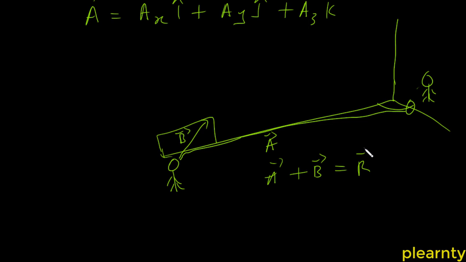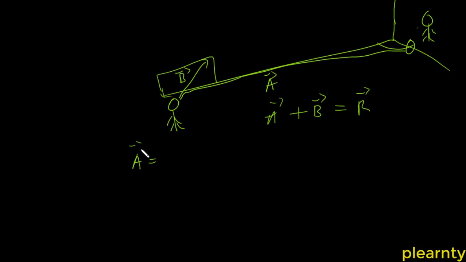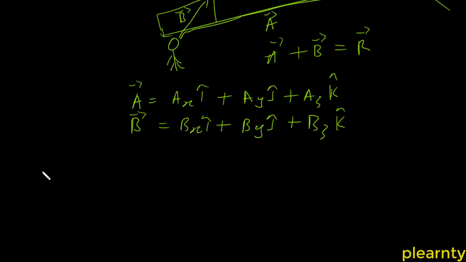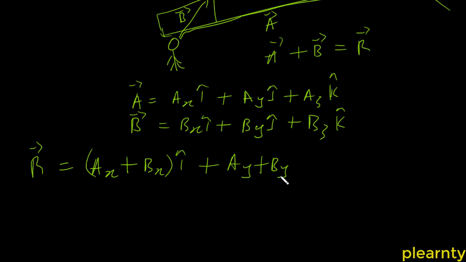Let's call it R. We could say A is equal to AXI plus AYJ plus AZK, and B is equal to BXI plus BYJ plus BZK, and R is equal to (AX plus BX)I plus (AY plus BY)J plus (AZ plus BZ)K.